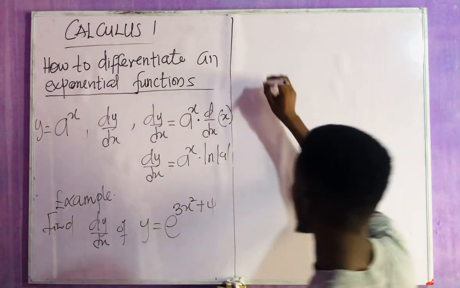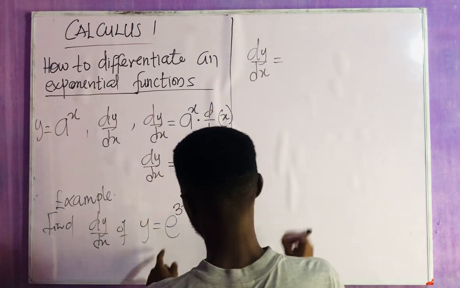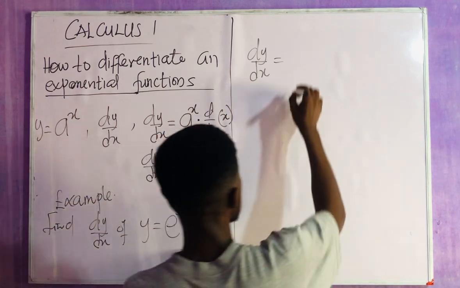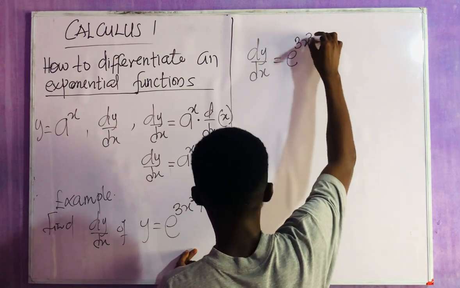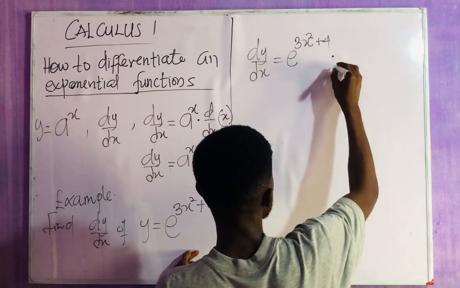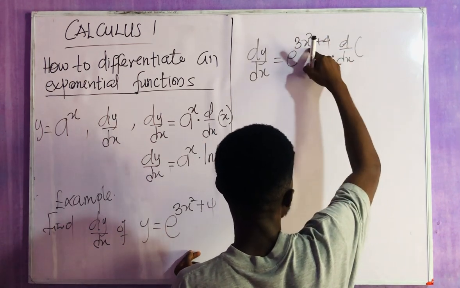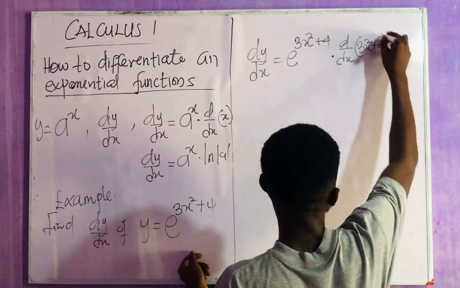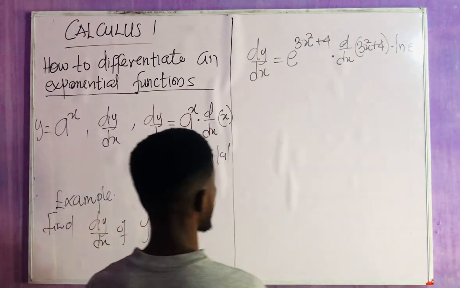So we said that first, our dy dx is equal to, first you are going to maintain the whole function, which is e to the power 3x squared plus 4, times the differential of the power, which is 3x squared plus 4, times ln of the base.